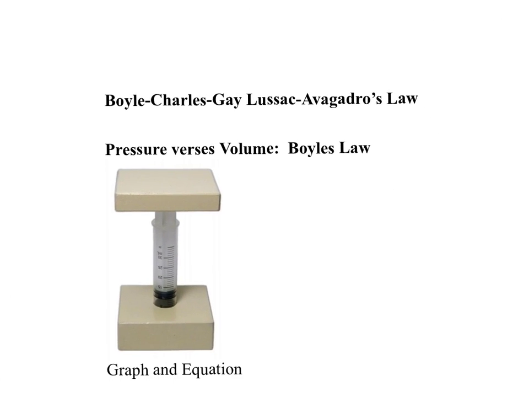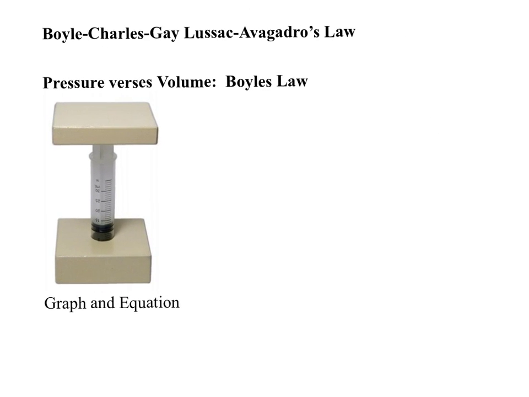So we're going to move on to Boyle, Charles, Gay-Lussac, and Avogadro's law, but I don't think we'll get to Avogadro's law. So in Boyle's law, this is the relationship between pressure and volume. So what we have is, if we were to draw this out, here's our pressure, here's our volume.